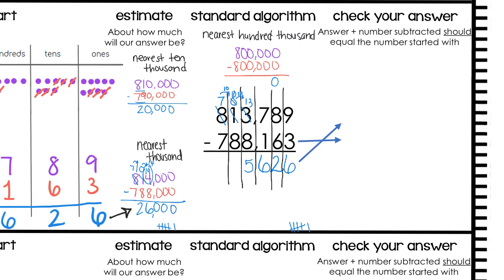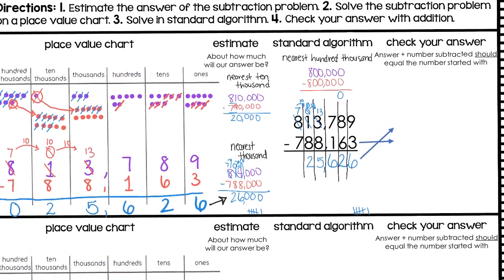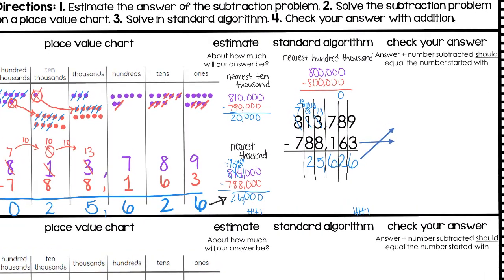Now I can take away 8. 10 minus 8 is 2. And 7 minus 7 is nothing. So again, I get my same answer of 25,626. The same that I got in my place value chart. And again, it is close to 26,000. Now we're going to check our answer.